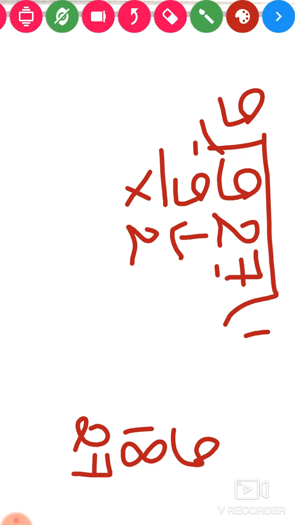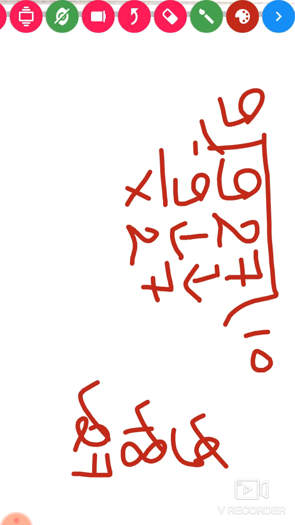But always keep in your mind that whenever we carry down two numbers at the same time, we put a 0 here. Always remember that whenever we carry down two numbers together, we increase a 0 in the quotient. Okay. Now, does 27 come in 9's table? 9 ones are 9, 9 twos are 18, 9 threes are 27.